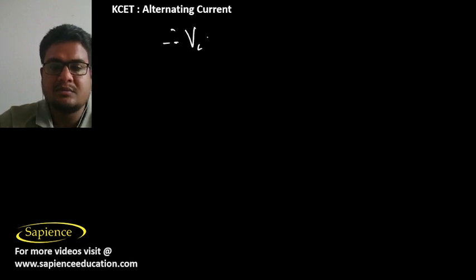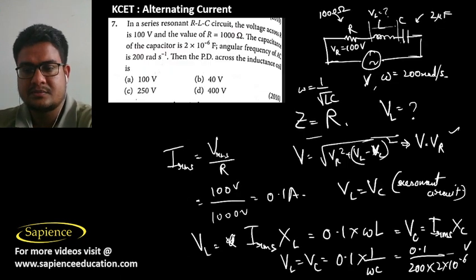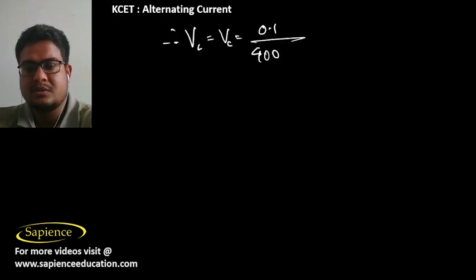So VL will be equal to VC, which is equal to 0.1 divided by 400 into 10 power minus 6. So this will be 10 power 6, it's 10 power 5 by 400.